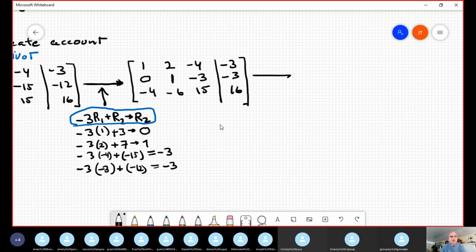What's my goal? My goal is to create 0 in the column 1. We're working in column 1. I create 1 here in the first pivot, I create 0 below, and now 0. And well, we have no more.